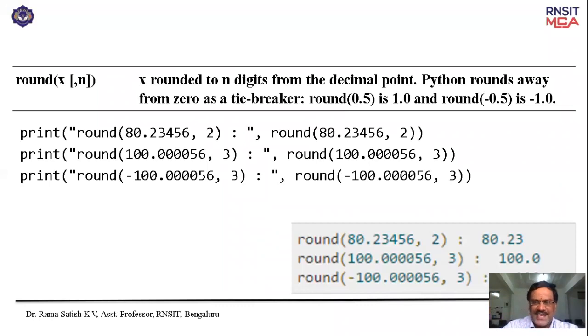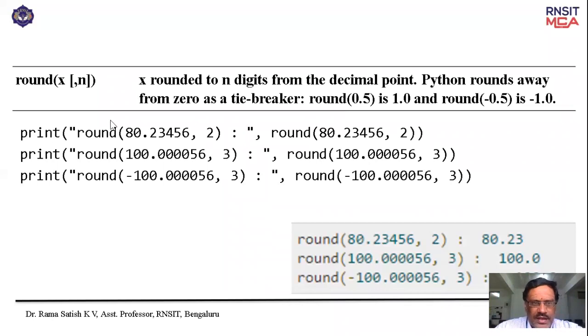If it is less than 0.5, it will act like a floor function. If it is more than 0.5, it acts like a ceil function. If it is less than 0.5, it acts like a floor function. So it is very clear.